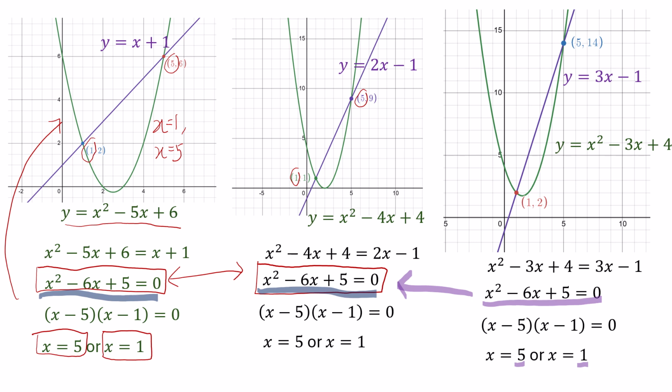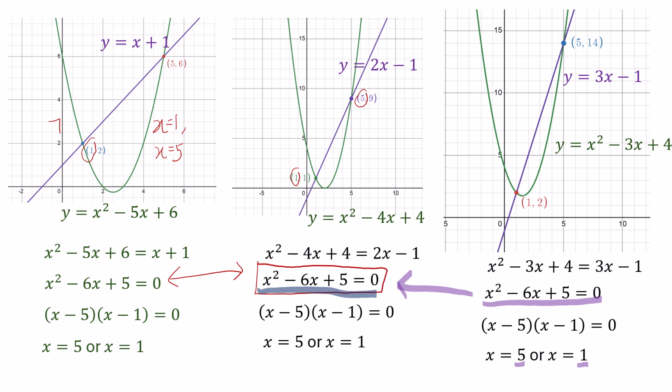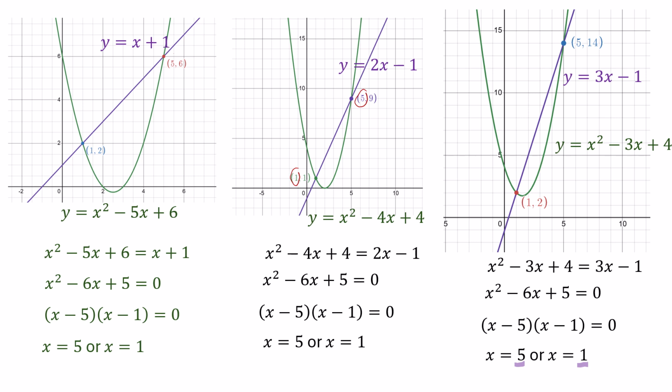So what does this example show you? It shows you that from a given quadratic equation, this one here, I can actually split it into a curve and a straight line, depending on what I want the equation of the curve or the equation of the line to be.